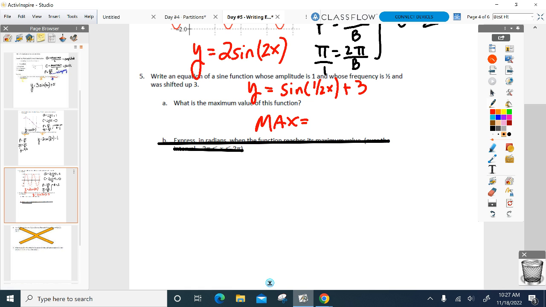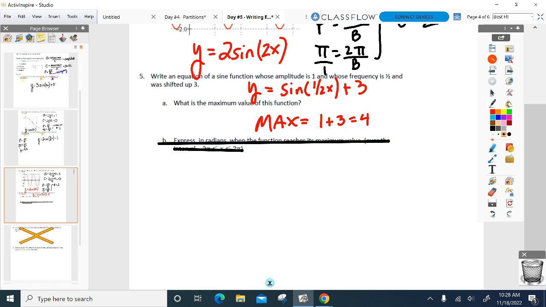Before I shifted, it went up to what? What's my amplitude? 1, right? So it went up to 1 originally, but then I added 3 to it. So where's it go up to now? 4. Okay, it goes up to 4 now.